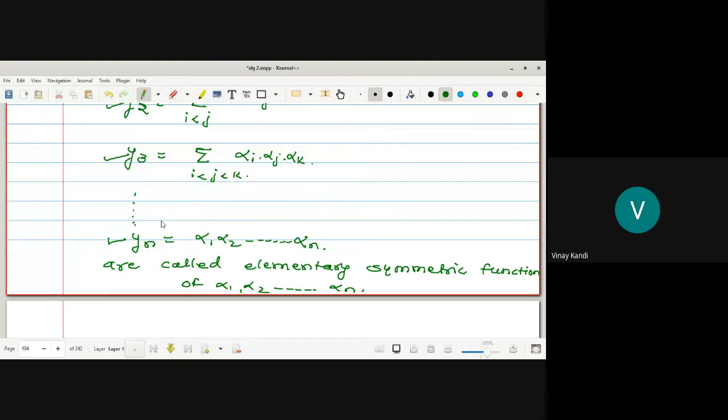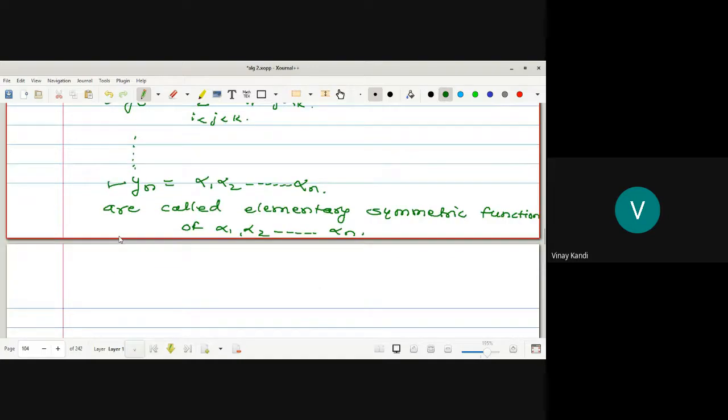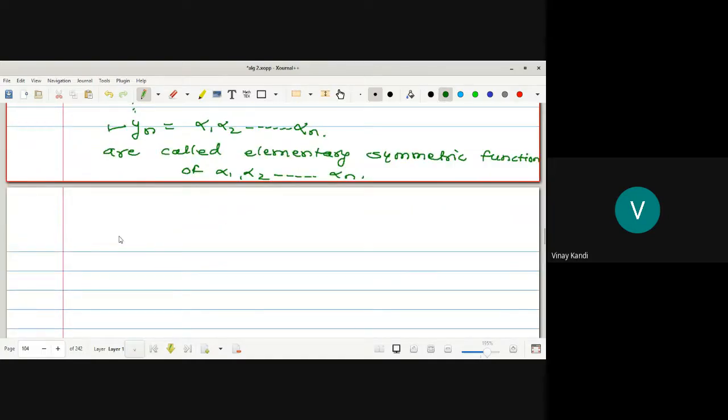Look at it. Suppose alpha 1, alpha 2, alpha 3, up to alpha n are the n elements of the field F. Then consider the product of (x minus alpha 1) into (x minus alpha 2) up to (x minus alpha n).